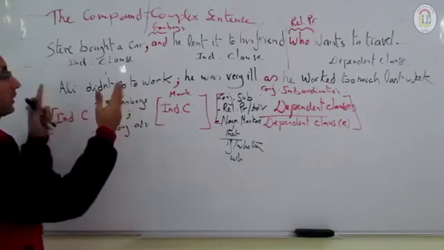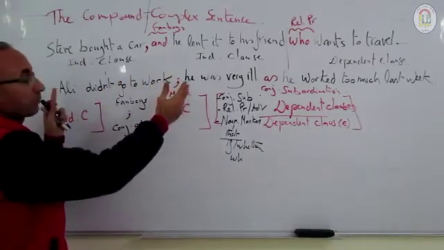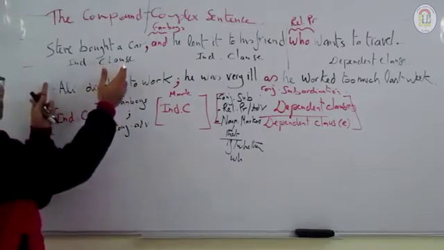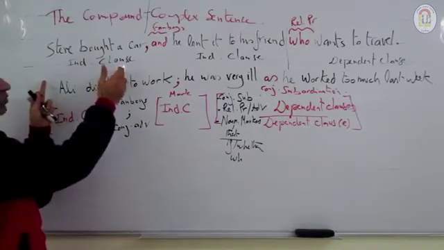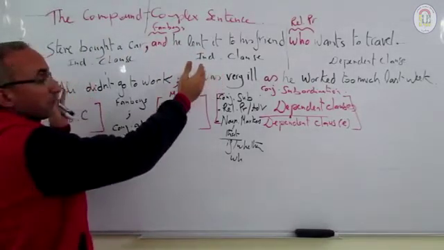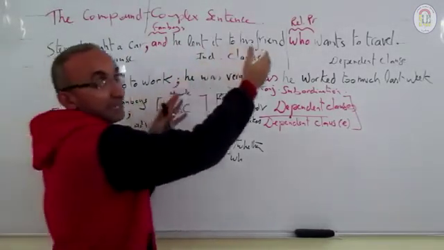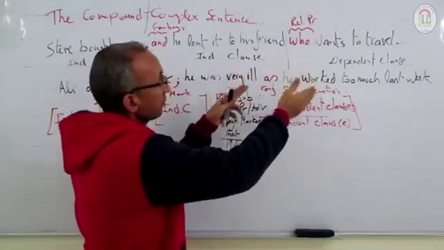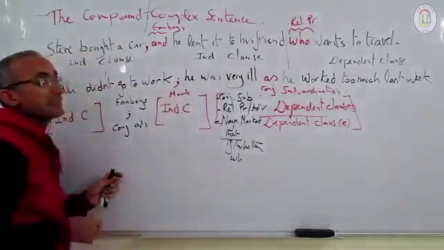For example, we may start with a complex sentence: a clause which is independent, joined to another one which is dependent. Then you add to it at the end an independent clause, to join it to the previous dependent one.